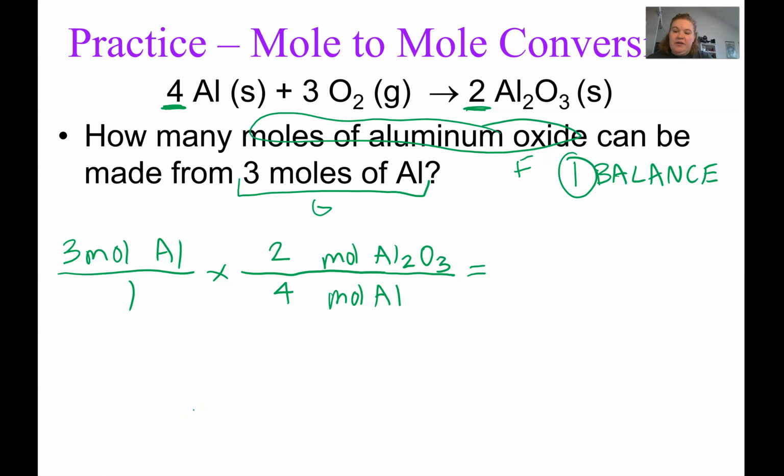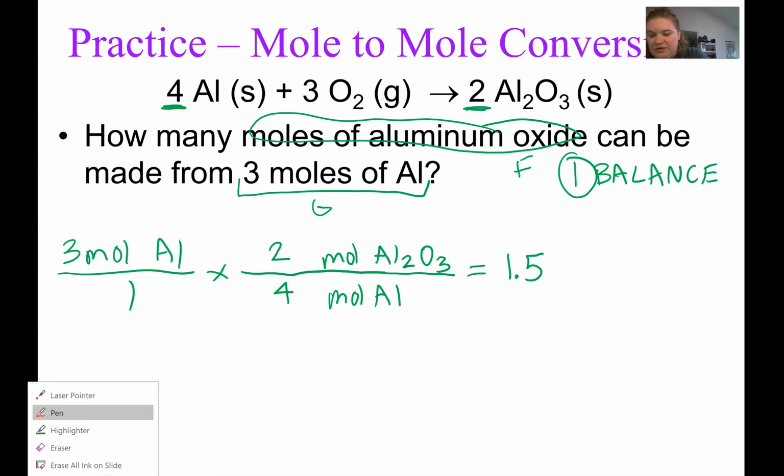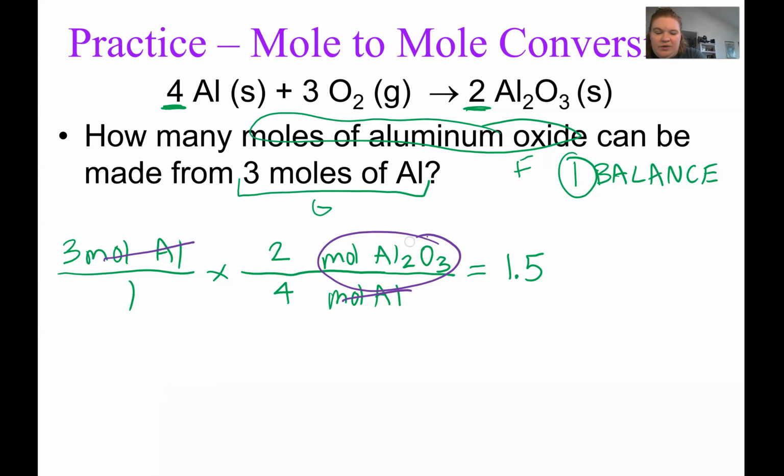So we put it in our calculator, so we get 3 times 2 divided by 4, and we get 1.5. And we make sure that those units canceled out and make sense. Moles of aluminum are canceling, and we're left with moles of aluminum oxide.